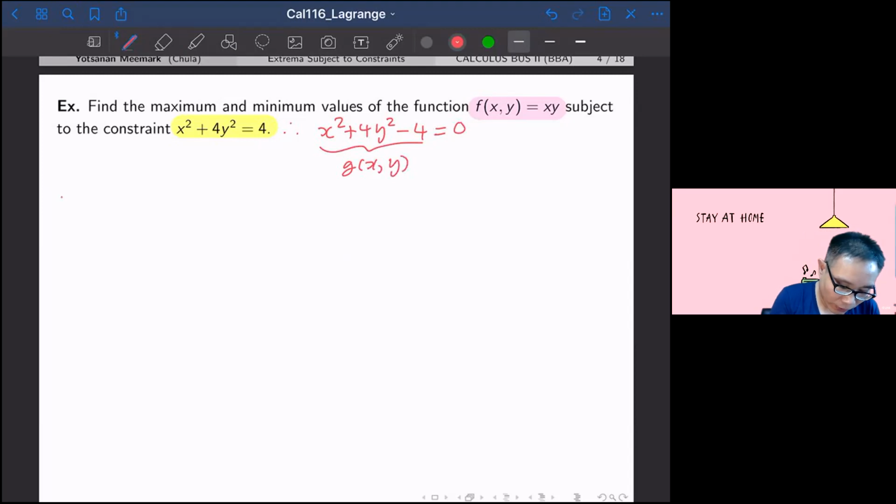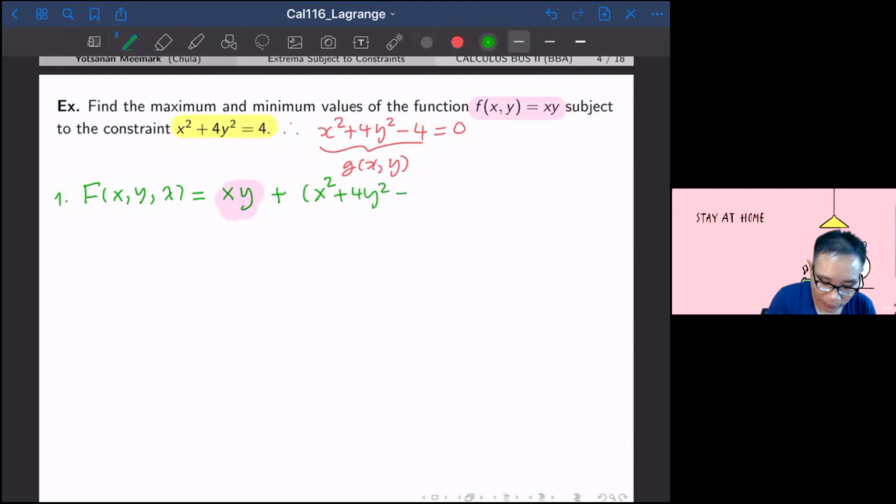So you form the auxiliary equation, F(x, y, lambda). You have x y, which is the pink guy, and you have the yellow guy, x squared plus 4y squared minus 4, and you multiply it with lambda.